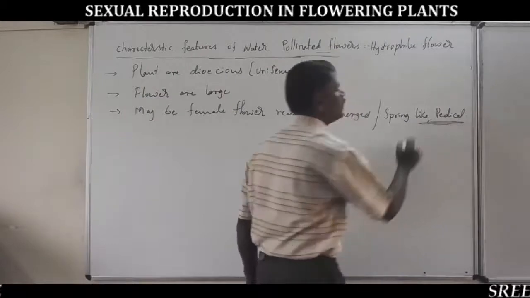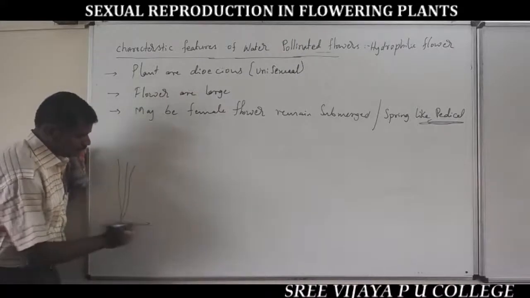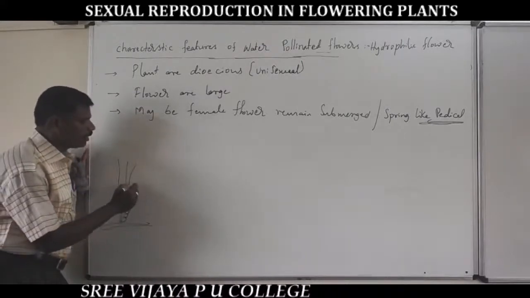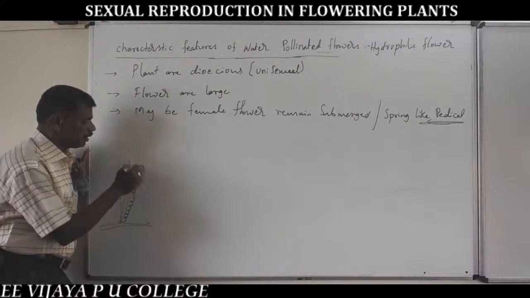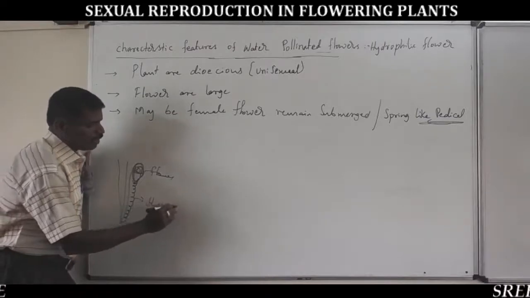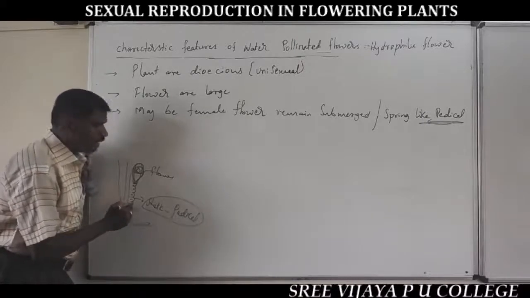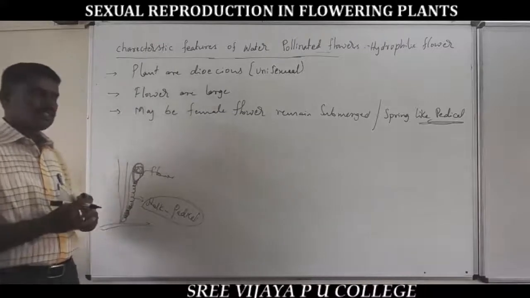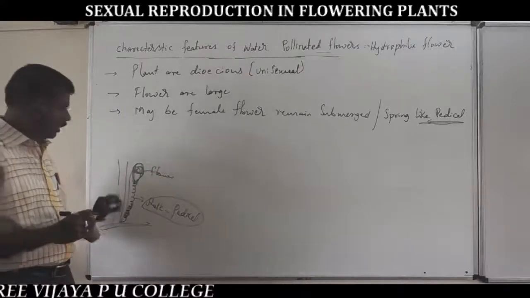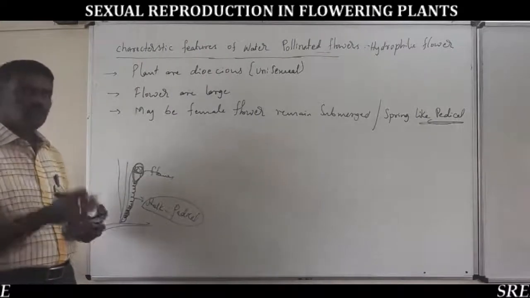The pedicel is the stalk of the flower, in a plant located in water. This pedicel is spring-like because sometimes, as the water level decreases or increases, the spring nature helps the flower move upward and downward.